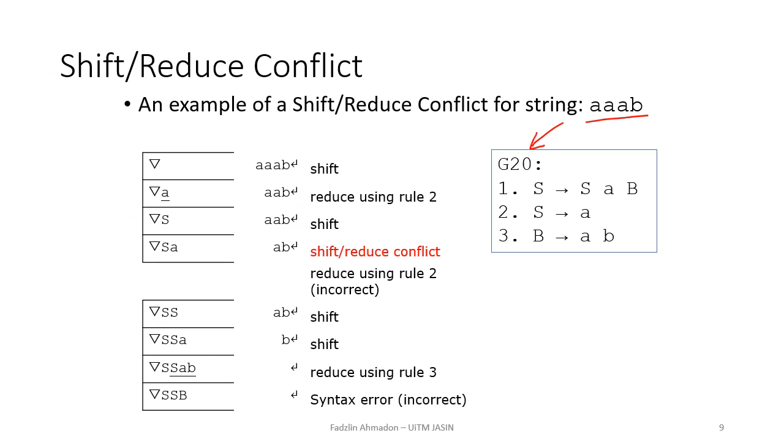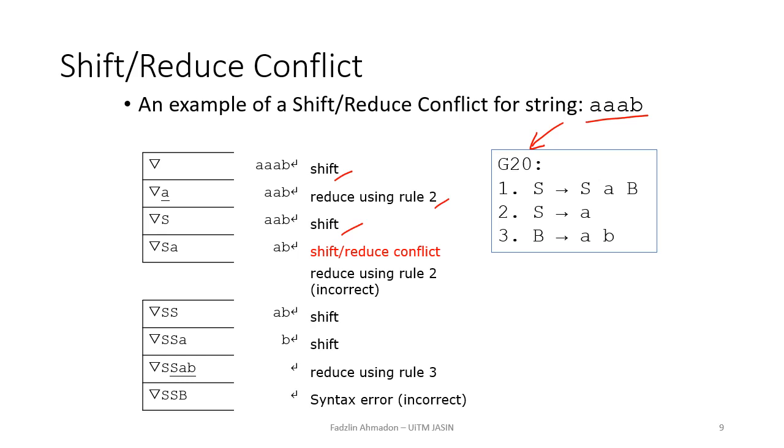So the first thing that we do is shift, and then we reduce using rule 2, and then we shift, and when we get SA, here the parser will be confused whether to do another shift operation or to do a reduce operation.